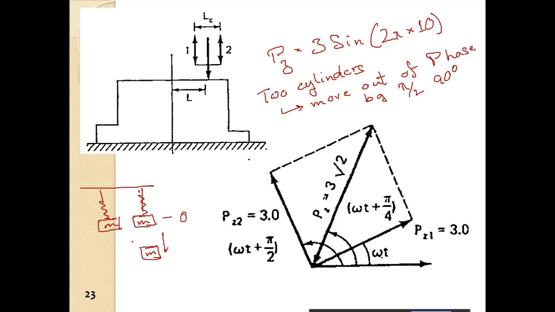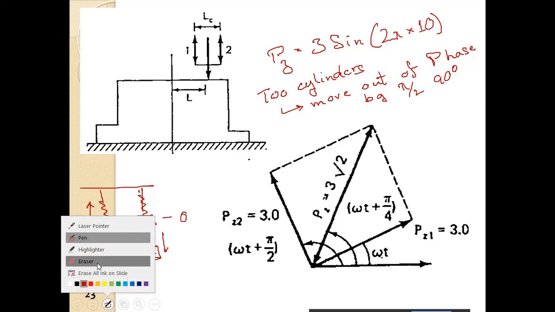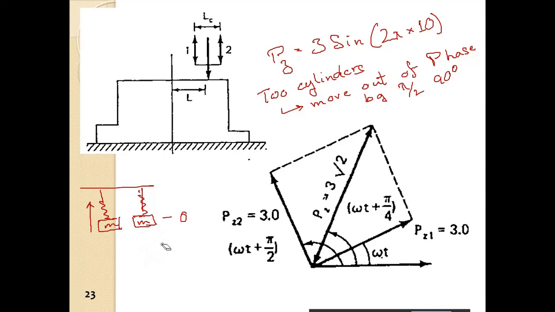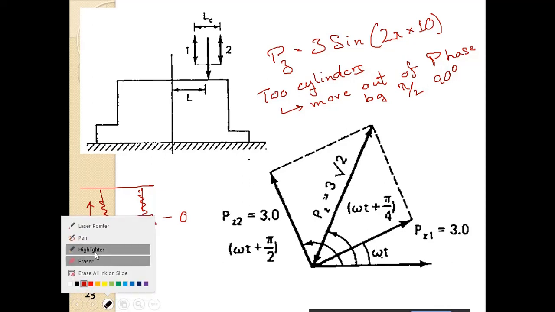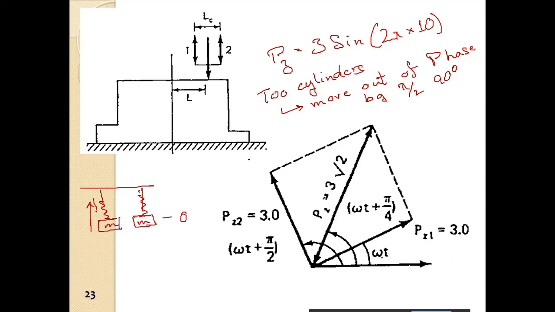Now when this mass is back at its original position, this mass will be here on top. I hope you could get the motion of the two masses. So they move out of phase by 90 degree.